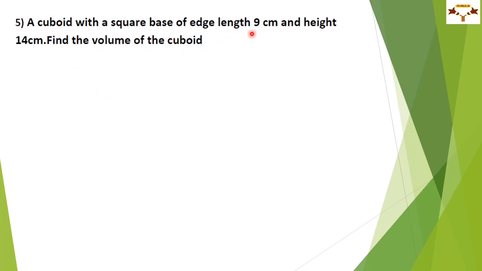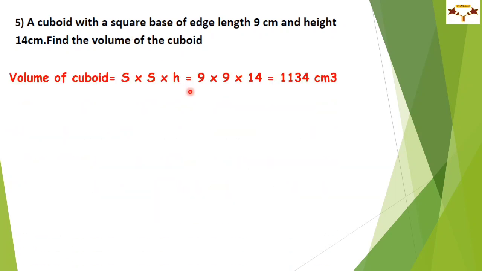Number 5. A cuboid with a square base of edge length 9 centimeter and height 14 centimeter. Find the volume of the cuboid. So here I have the special case of the cuboid. I know that the regular rule is length times width times height, but in case of a square base, the rule is side times side times height.